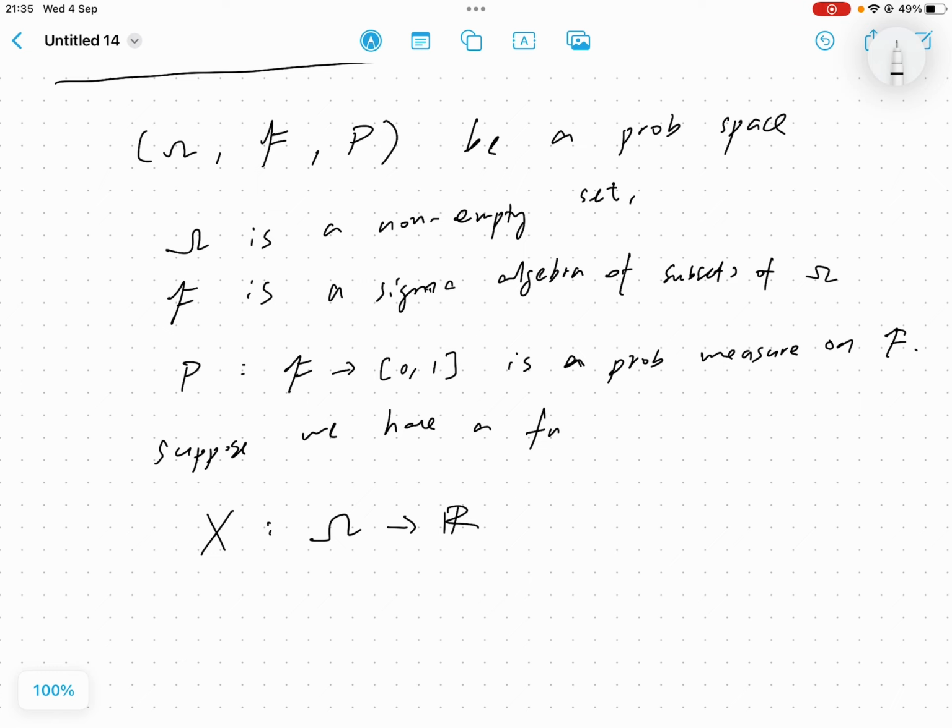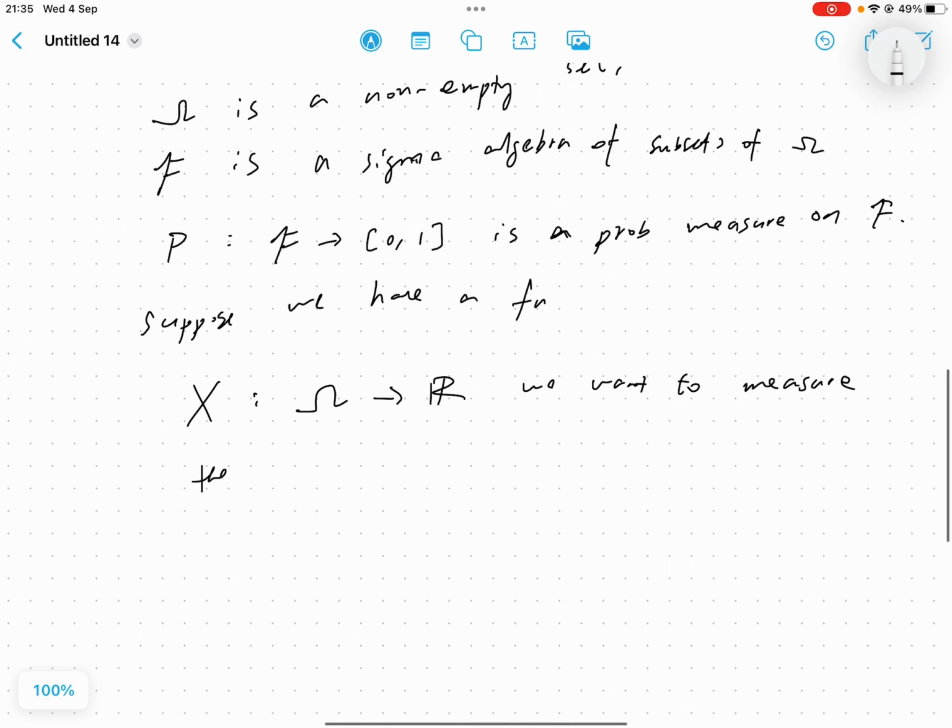What we want to do is to measure the probability of X belonging to some subset of R, of real numbers. So we want to measure the probability of X belonging to some subset of the real numbers.